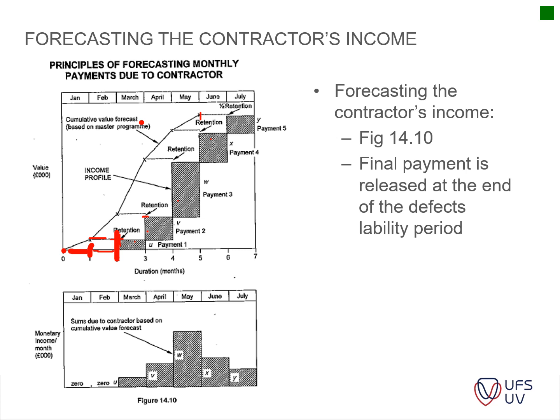Then you put in your last invoice, the practical completion invoice, and you get your payment. Then you have to wait until the defects liability period is complete, which is a year or 3 months depending on your contract. So you only get it after a while on this side.